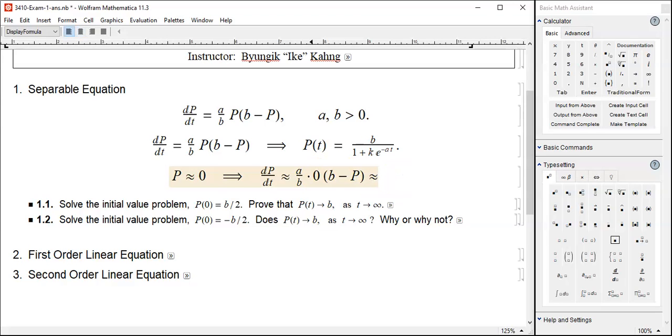So dP over dt has to be approximately equal to 0. So what does that tell me? The growth is pretty close to 0. Growth is really small when the population is very small to begin with. So if you're talking about some epidemic model, if the infected population is really, really small, then growth is also very small. So as long as you identify the disease and infected people, it's not too difficult to control it.